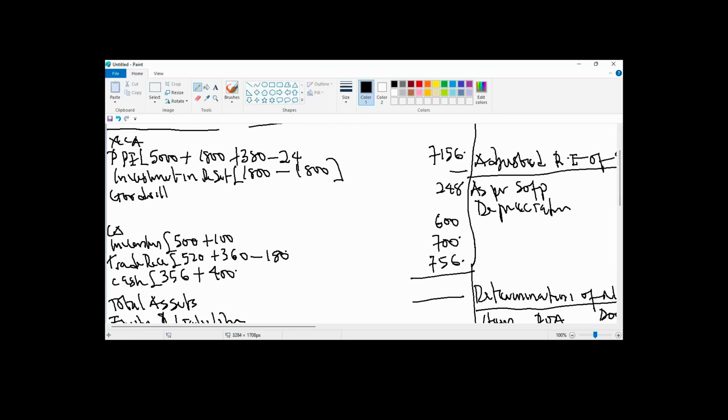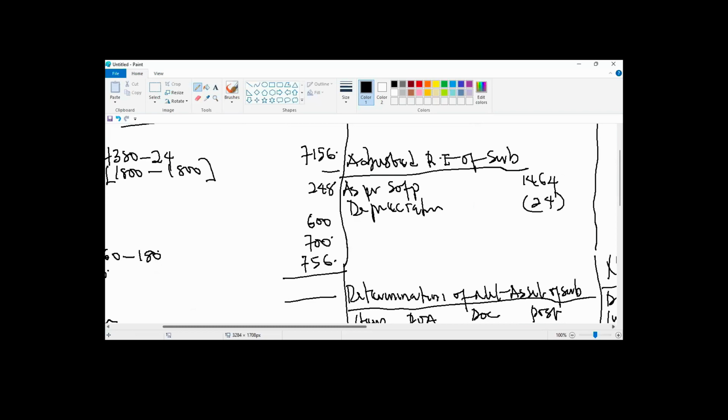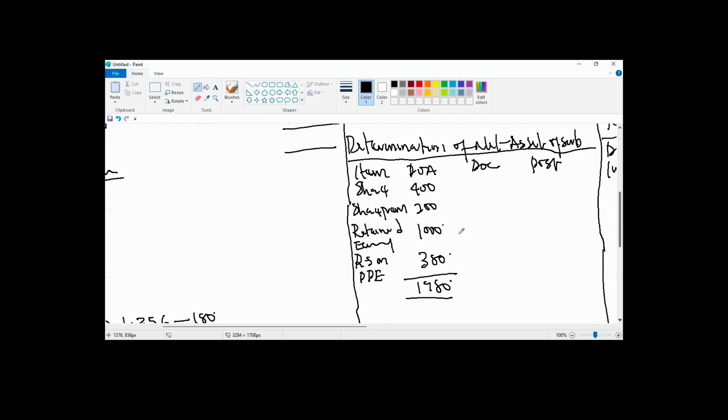We need to share profits for the return. It's okay. 1464 minus 24, 1440. I'll bring it down. Share capital, the same, 100.